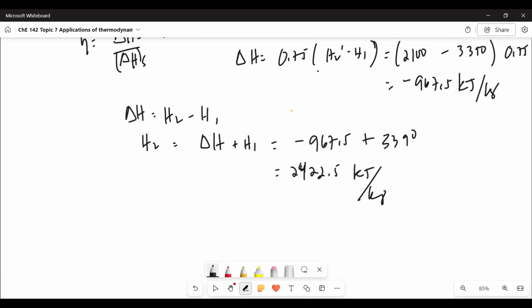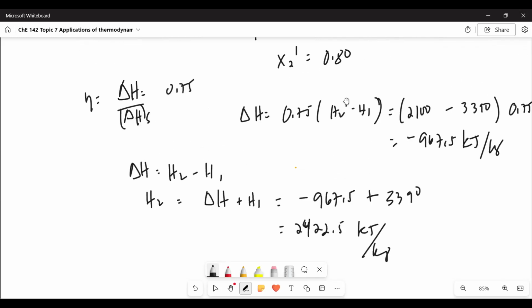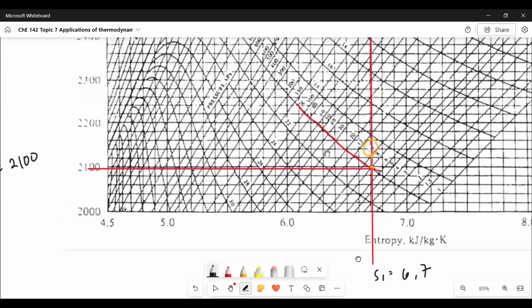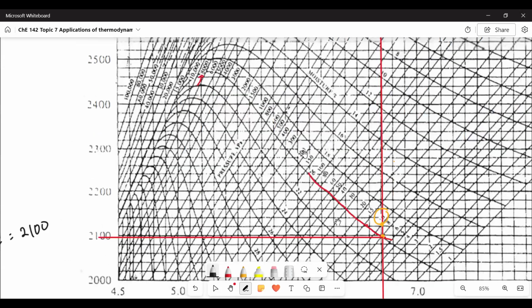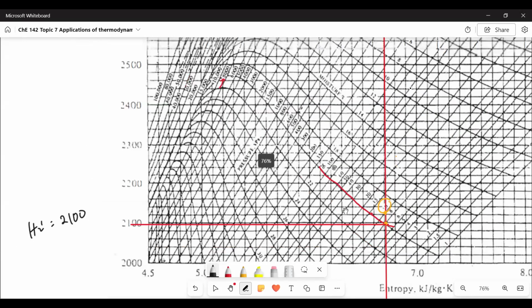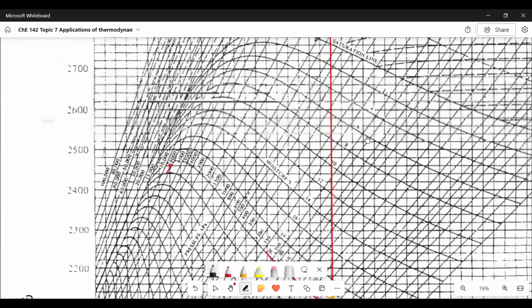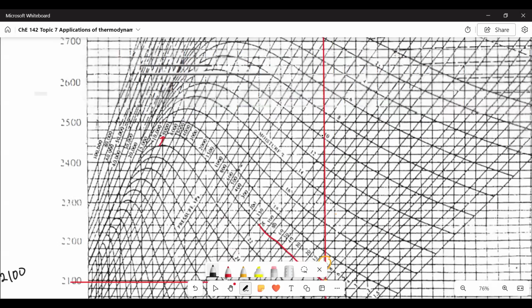Now since we have that already, we trace 2422 with the moisture to find the moisture. So 2422, and then where it intersects 10 kilopascal, that would give us the outlet, and that would give us the reading for X and the entropy.